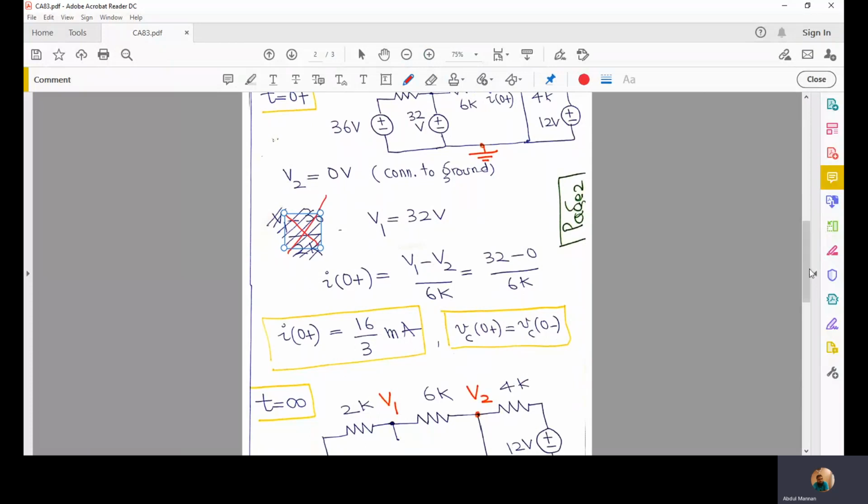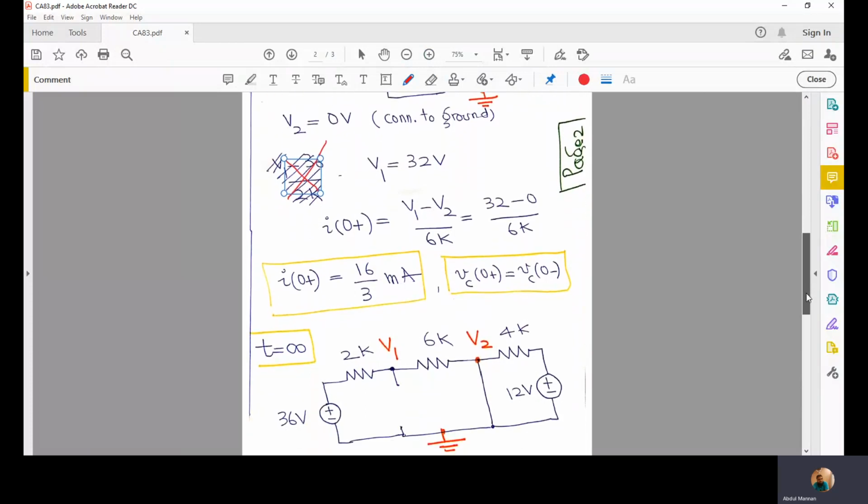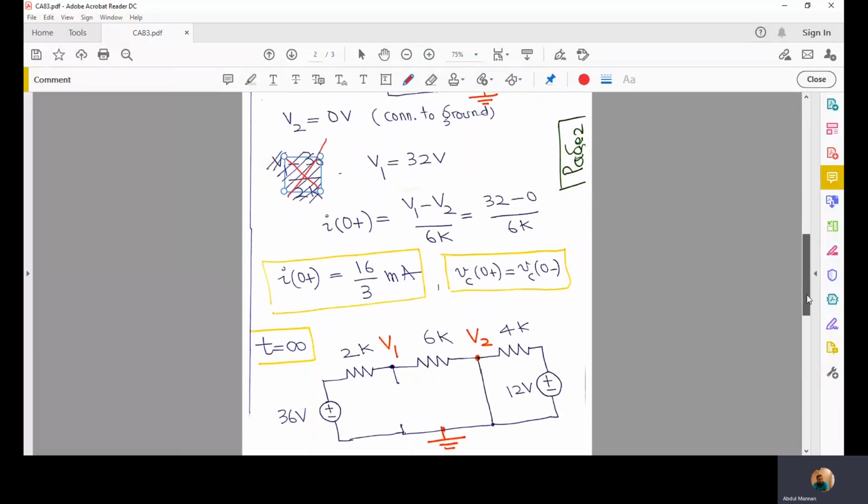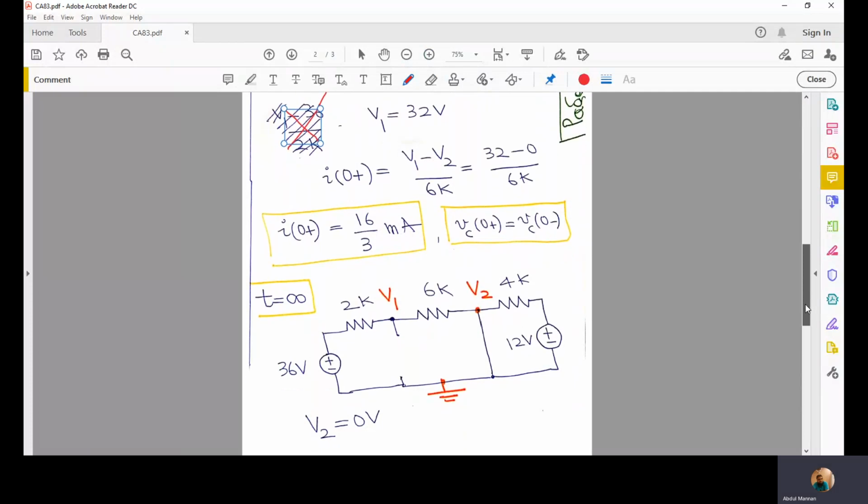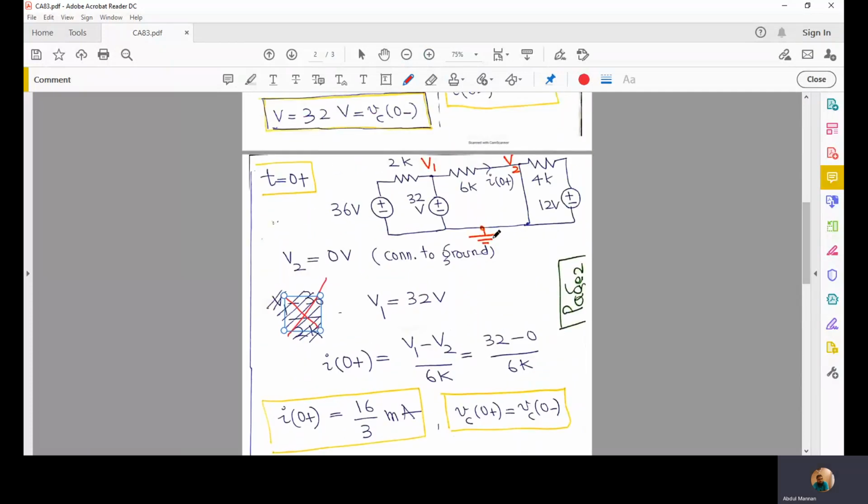Right. The last thing is to compute both quantities, I and Vc, as time approaches infinity. We know that this 32 volt source is not a permanent source. It's a temporary source, and after some time it will decrease to 0.